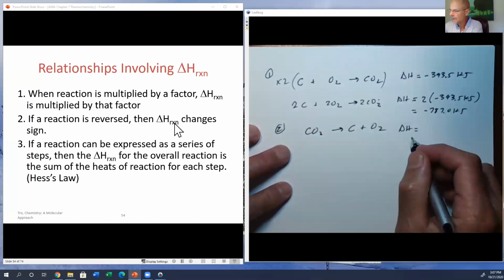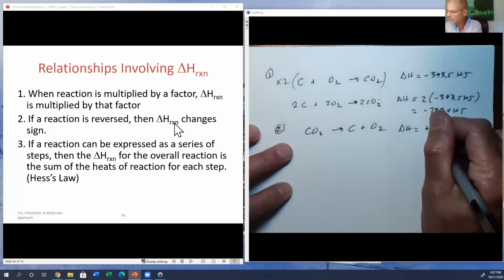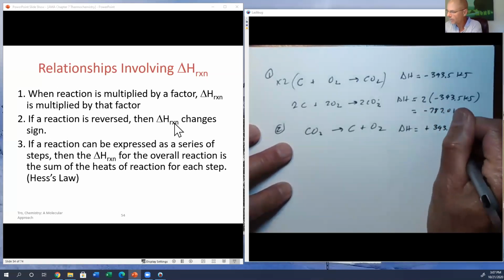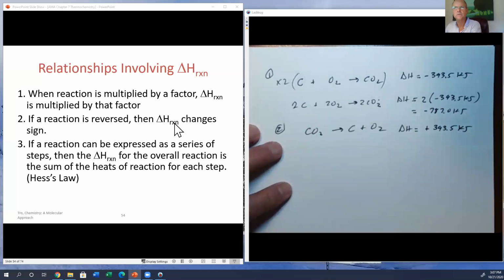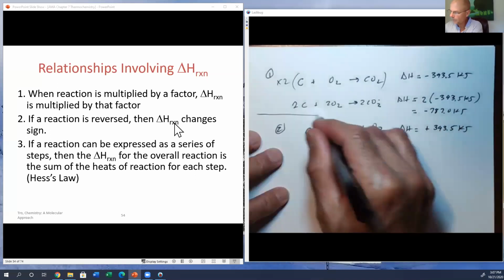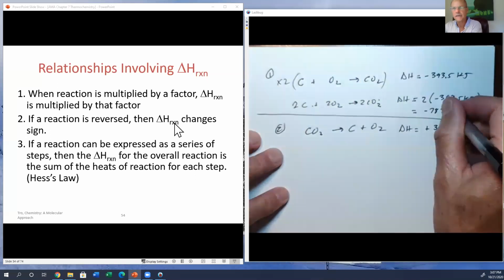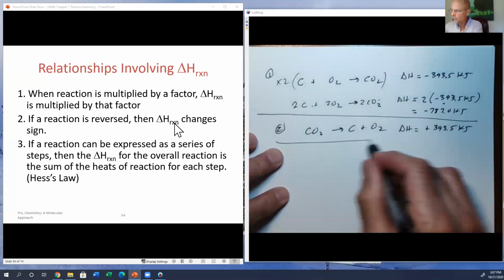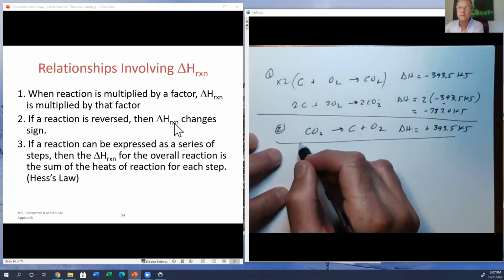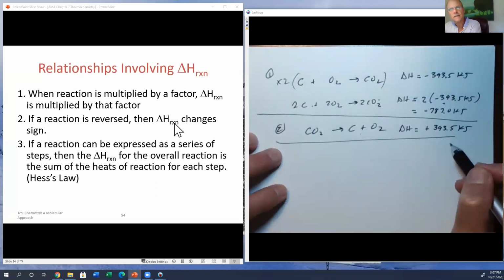So delta H for this reaction would be plus 393.5 kilojoules. If you change the direction of the reaction, you change the sign of delta H.